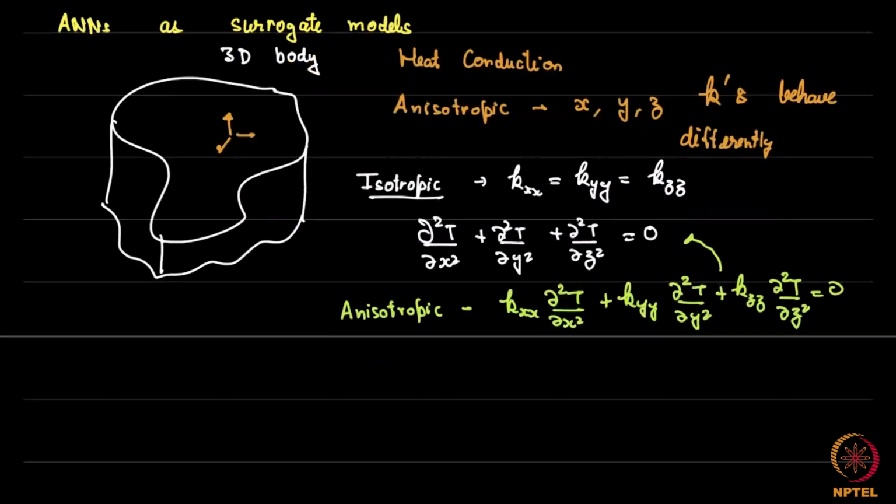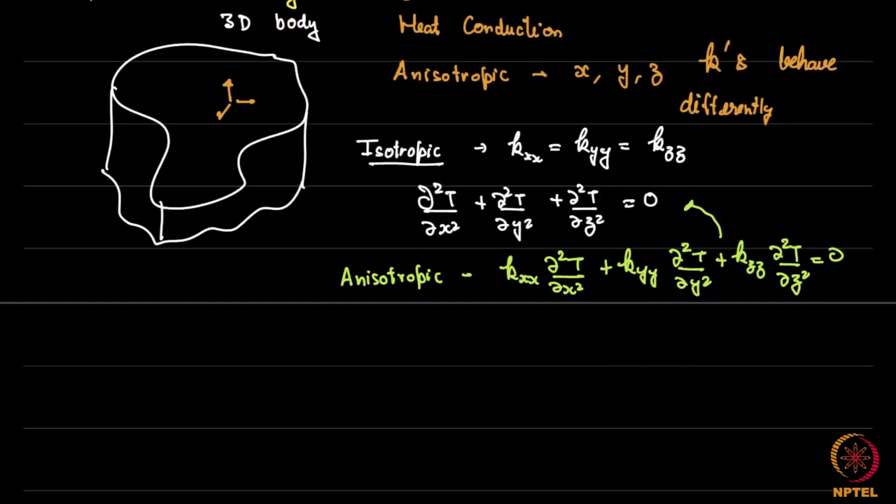So in order to solve for temperature within this body here, you would have to solve this differential equation. So this differential equation is what will lead to the solution for temperatures here. Okay. Now, suppose I want to estimate. Our forward problem is, or let me write the forward problem first.